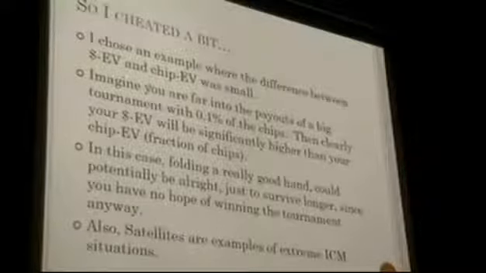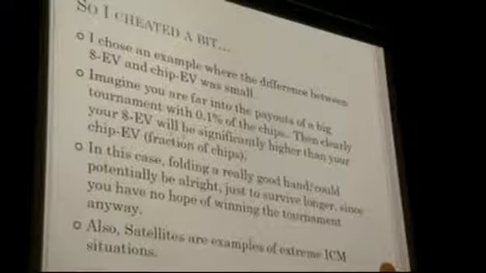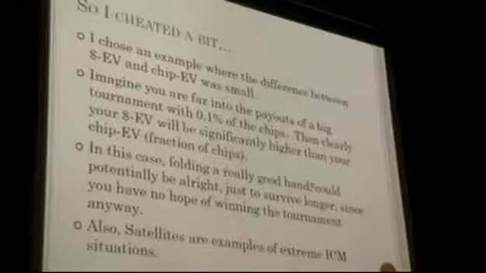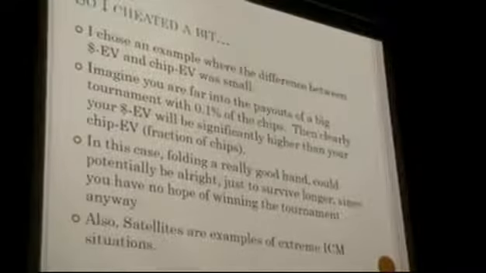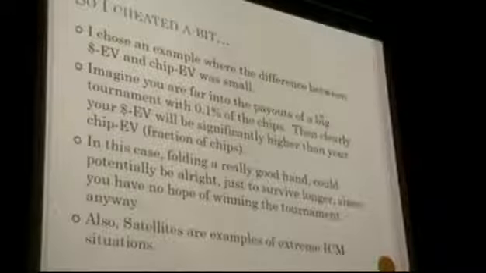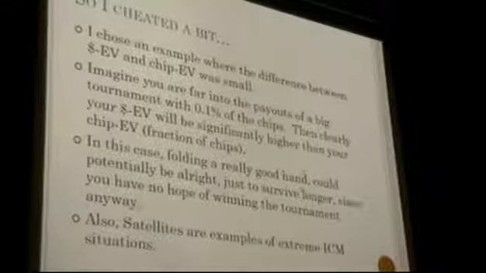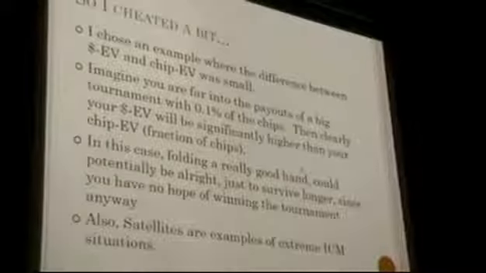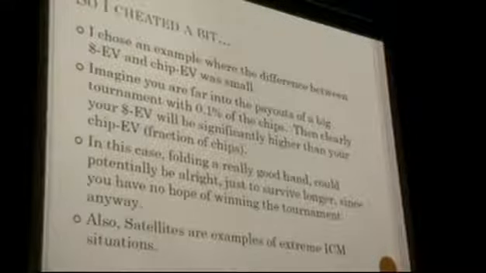Clearly your money EV will be significantly higher than your chip EV, because you have such a small percentage of the chips that your chip EV is like 0, but your money EV is still pretty high because you're guaranteed like a 9th place or an 8th place payoff or whatever. So in this case, folding a really good hand could potentially be okay, just to survive longer, since you have no hope of winning the tournament anyway.